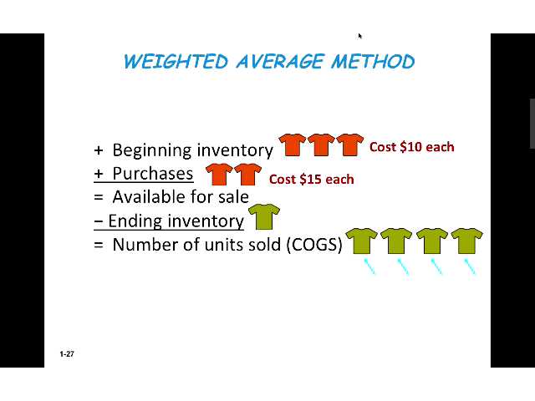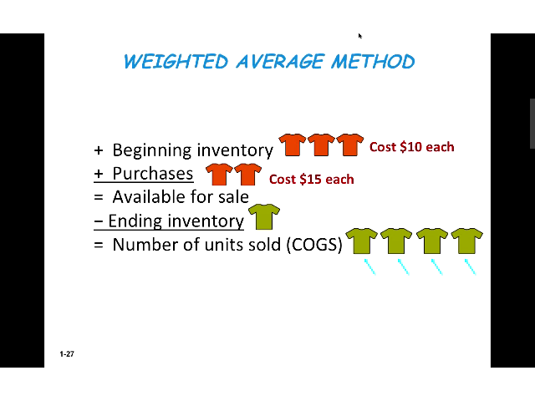I'm going to take my cost of purchases and my cost of beginning inventory, average them out, and use that average as my inventory cost. This is an acceptable method. It's a weighted average, emphasis on weighted, to reflect how much is in beginning inventory and how much is in purchases.